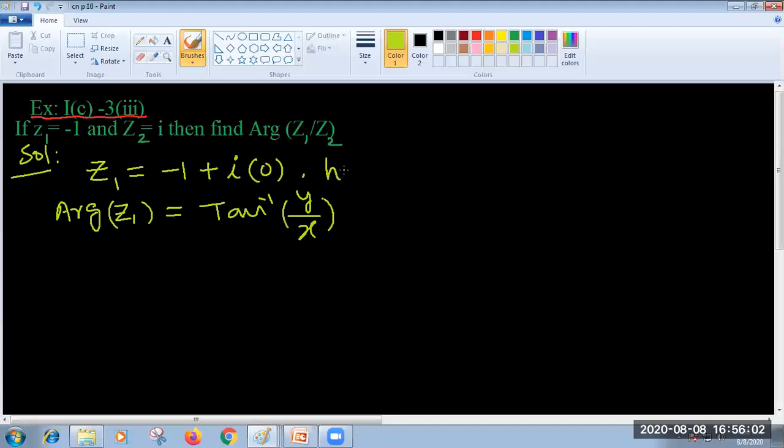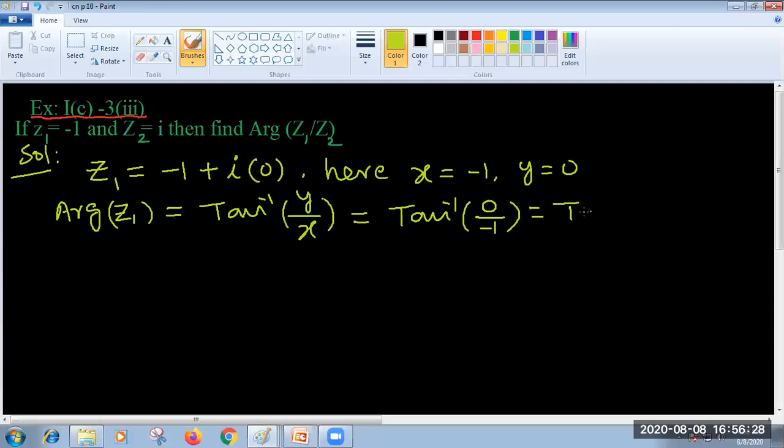So here you can write x value minus 1 and y value is 0, comparing with the standard form. So now tan inverse, y value is 0 and x value is minus 1, that is tan inverse 0 by anything is 0.